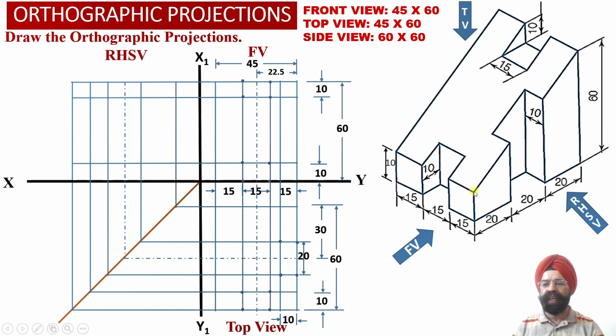Now we can check that at the front face of the solid, the starting point of the inclined surface will be lying over here, and at a height of 60 millimeter towards the rear surface of the solid, the end point of this inclined surface will be located over here. And now we can check, here we have obtained the edge view projection corresponding to this inclined surface onto the profile plane.